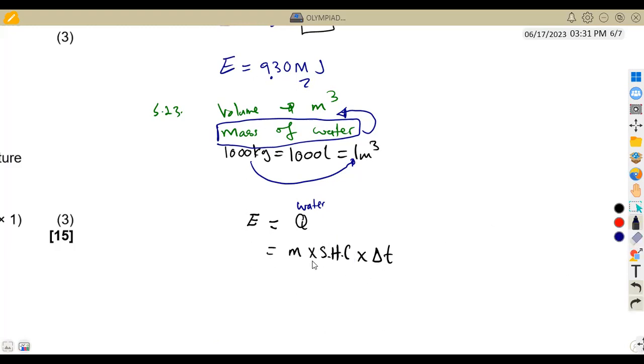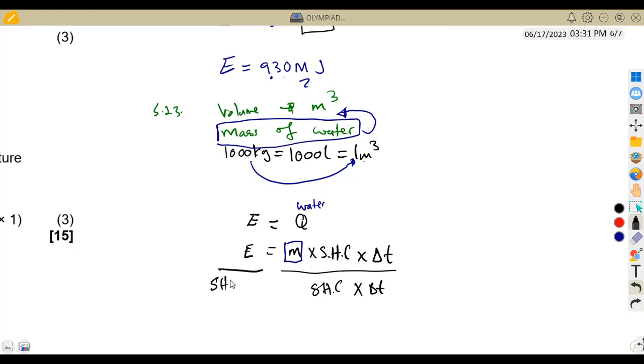So this is what you're going to have, of which we've got our E in megajoules. We can calculate the mass of water from there. Like I said, we need the mass of water so that we can convert to cubic meters. So what can we do to obtain the mass? We can simply divide by the specific heat capacity of water times the change in temperature.